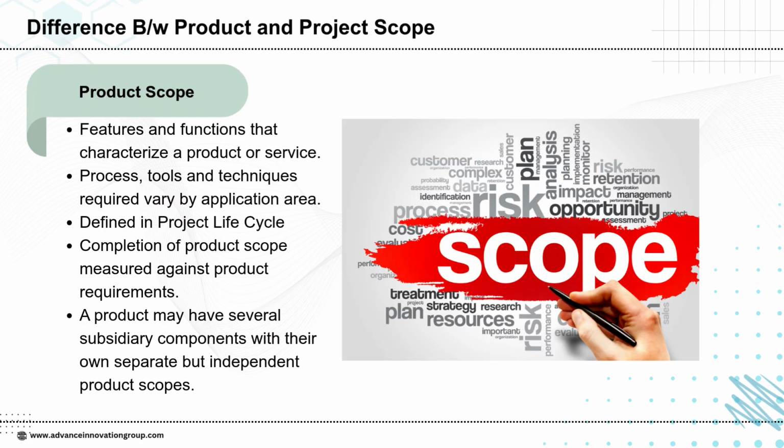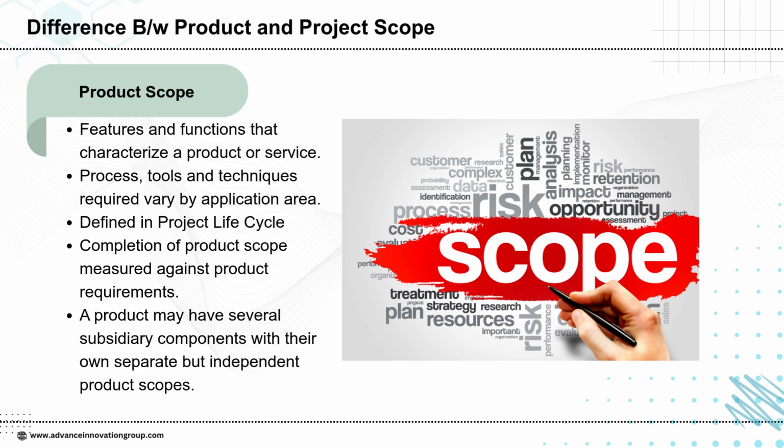When we talk about product scope, we are essentially focusing on the features and functions that define a product or service. It outlines what the product will do and the characteristics it must have to meet customer needs. The way we achieve this can vary depending on the processes, tools, and techniques used in different application areas.